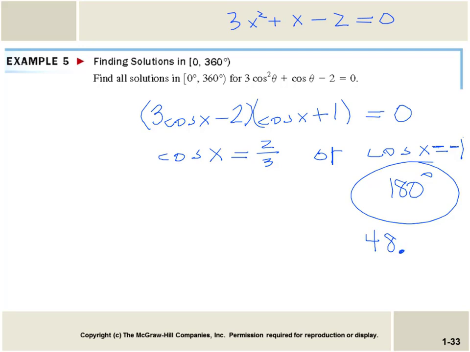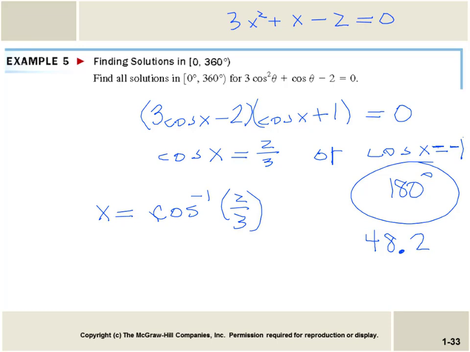Okay, yeah. Well, you'll have a calculator in Alex, by the way, for this. But if you just had a regular calculator, you would type in somehow the inverse cosine of 2/3, and it will give you back an answer. If you have your calculator with you, you can try it. If you don't, worry not.